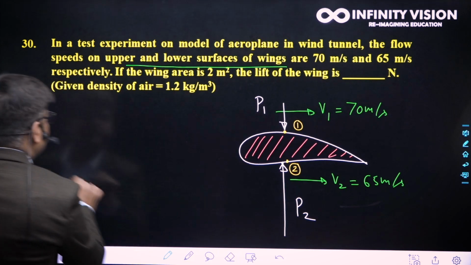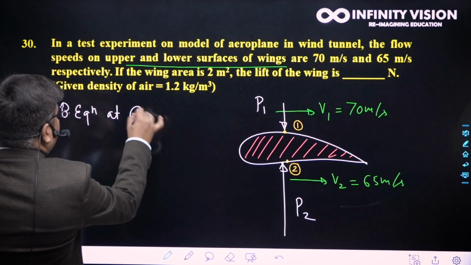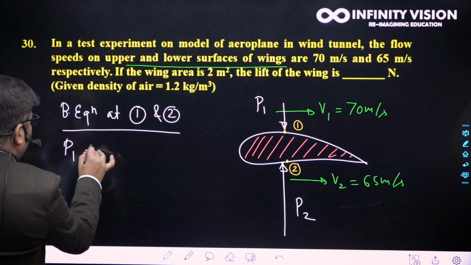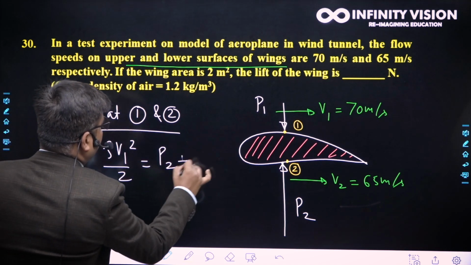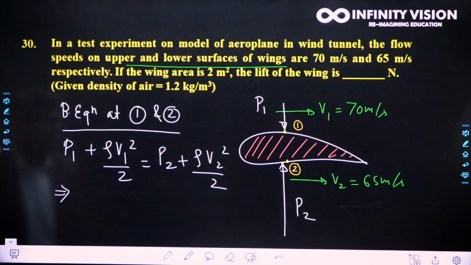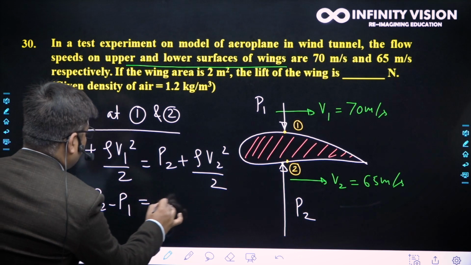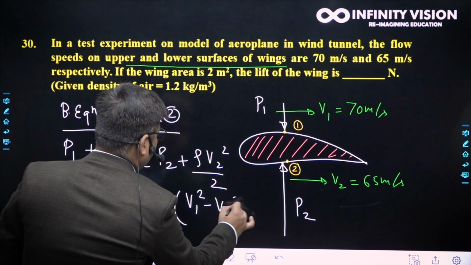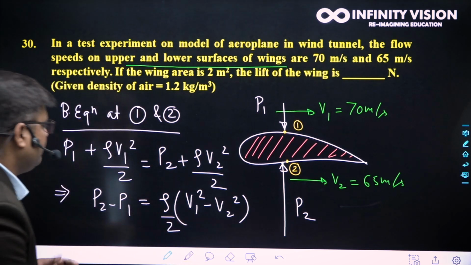So applying the Bernoulli equation at 1 and 2, we get P1 plus rho V1 square by 2 is equal to P2 plus rho V2 square by 2. So P2 minus P1 will be equal to rho times V1 square minus V2 square by 2. This is the required expression for the pressure difference.